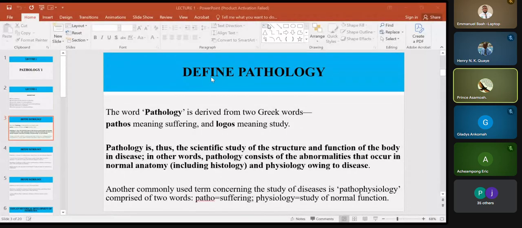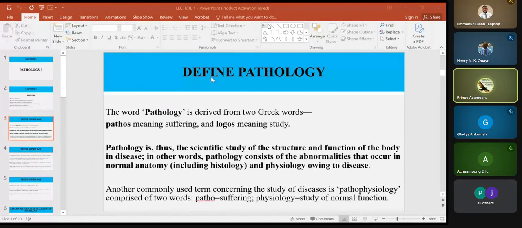Pathos in Greek means suffering, and logos, as we all know, means the study of. So essentially, we can say the study of suffering. That is how pathology emanated, and we have pathology today coming from this background.